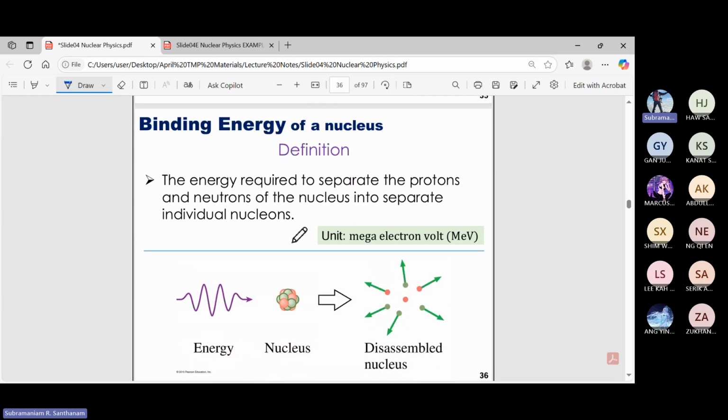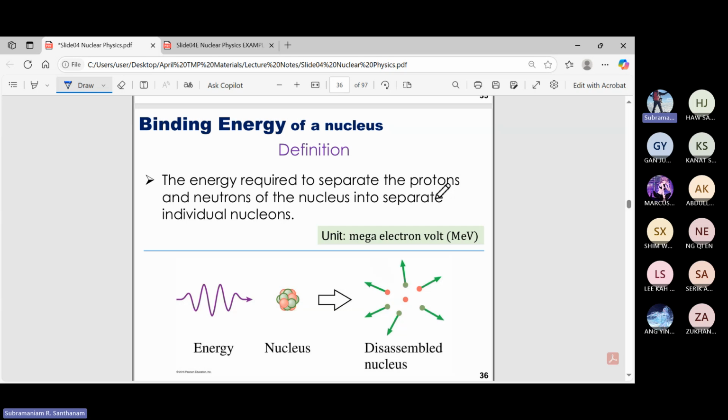Moving on further to discuss the binding energy: the energy required to separate the protons and neutrons of the nucleus into separate individual nucleons. We know binding energy is a measure of the stability of a nucleus.